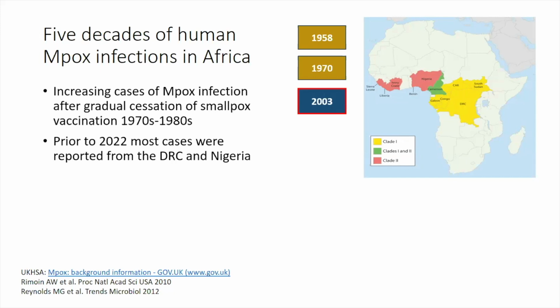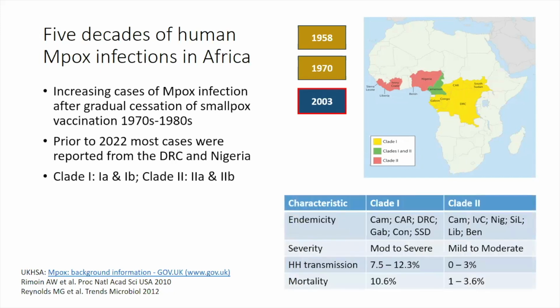Rodents imported from Africa, the prairie dogs, got exposed, and then the patients got infected by exposure to their pets. The virus is divided into 2 genetic groups, or clades. Clade 1 used to be called the Congo Basin clade, no longer, and clade 2 used to be called the West African clade, no longer.